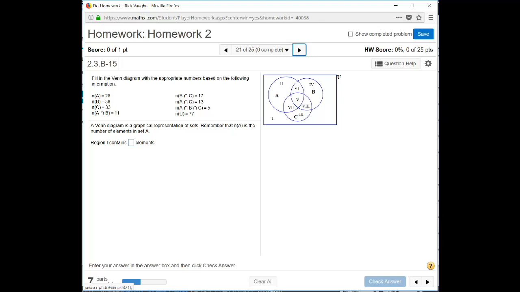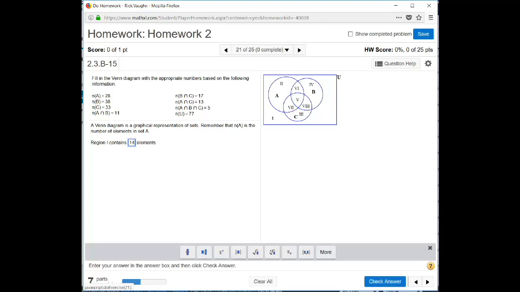Let's add those up. 15 plus 15 is 30, plus 5 is 35, plus an 8 and a 12 is 20, so that's 55, plus another 8 is 63. So we have 63 things accounted for inside A, B, and C out of the 77. 77 minus 63 means there are 14 elements left over outside of A, B, and C, which is what they're asking for in region 1.